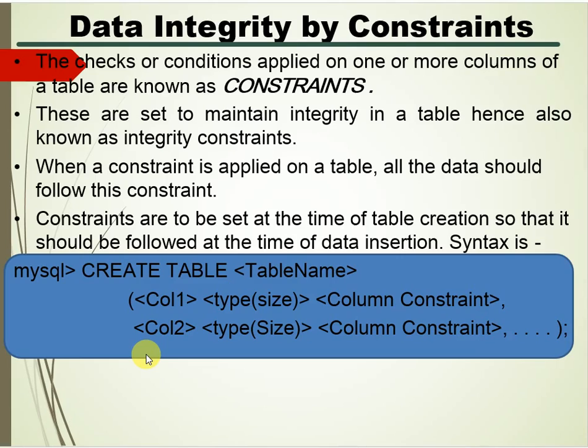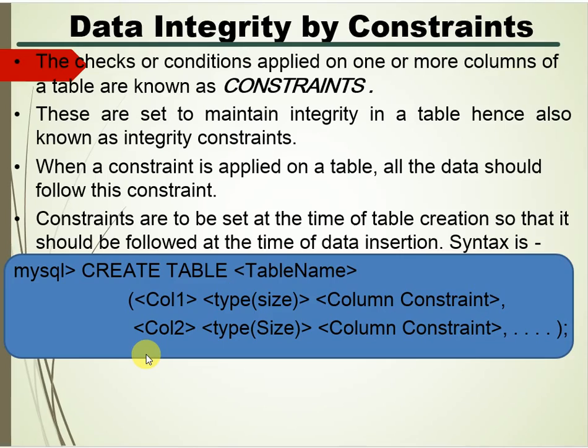These are a set of rules to maintain integrity in a table, and are also known as integrity constraints. When a constraint is applied on a table, all the data should follow this constraint. The objective of the constraint is to restrict the user while entering information in the table. Constraints are to be set at the time of table creation, so that they are enforced at the time of data insertion.